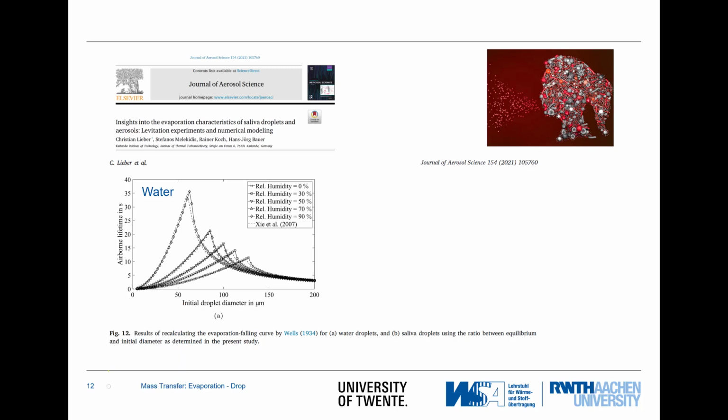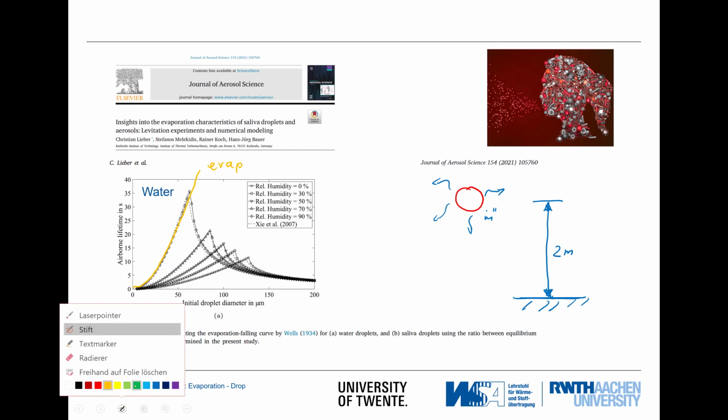So this is basically evaporation. And what they have done is they looked at a droplet that evaporates, and they fixed this droplet initially at 2 meters above ground. The droplet has a chance to settle down, and they hit the ground, and they stopped their calculation. They also did experimental verification. And that's the second part of that curve that's shown on the left hand side.